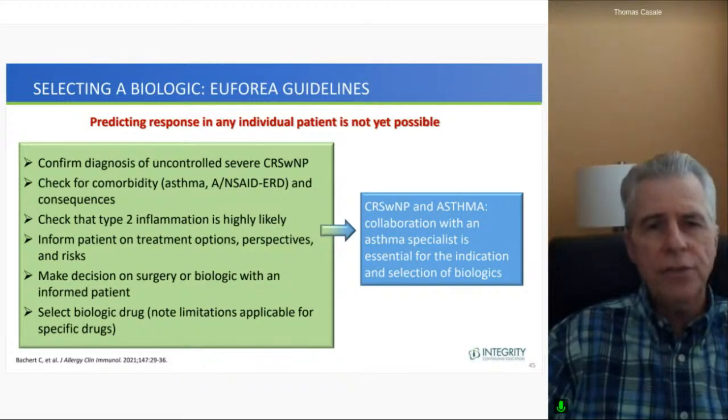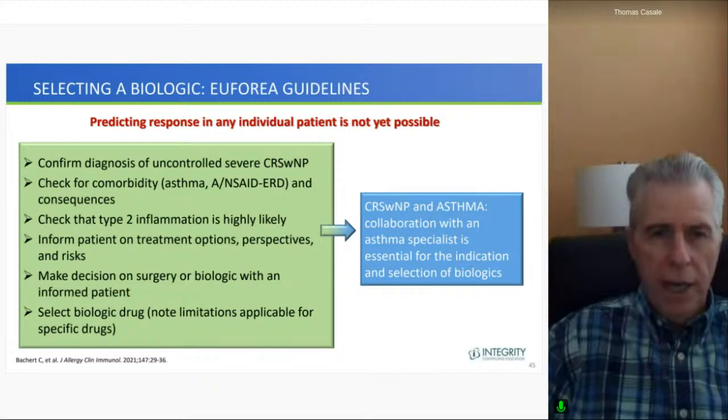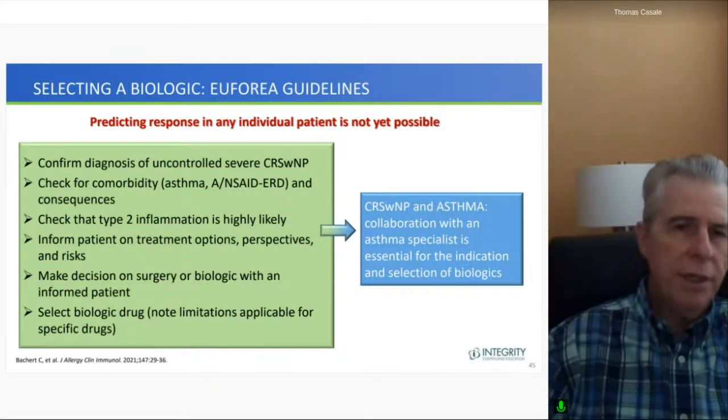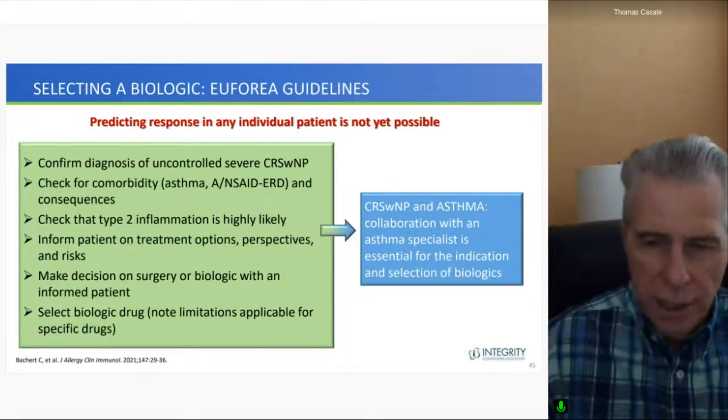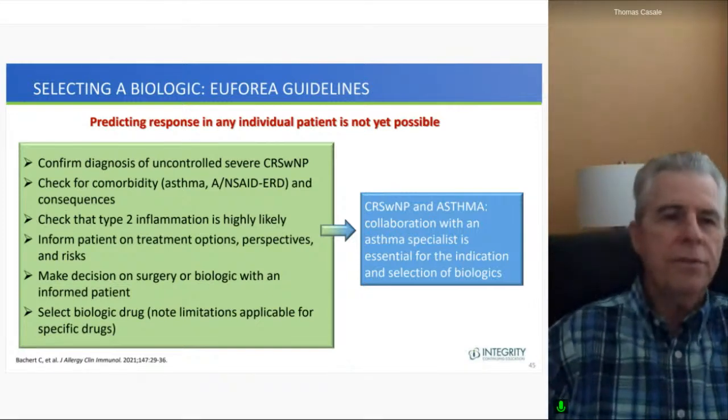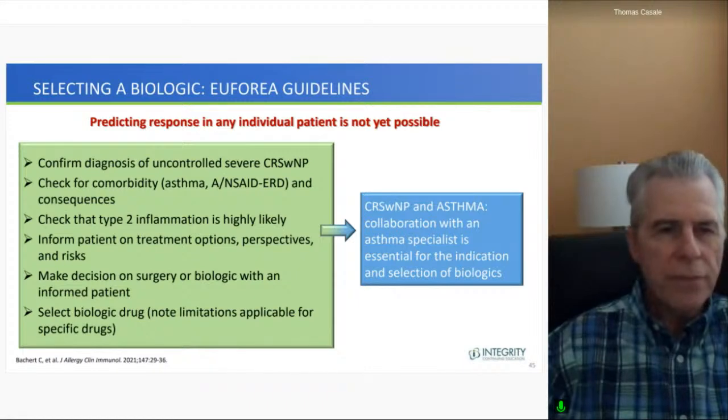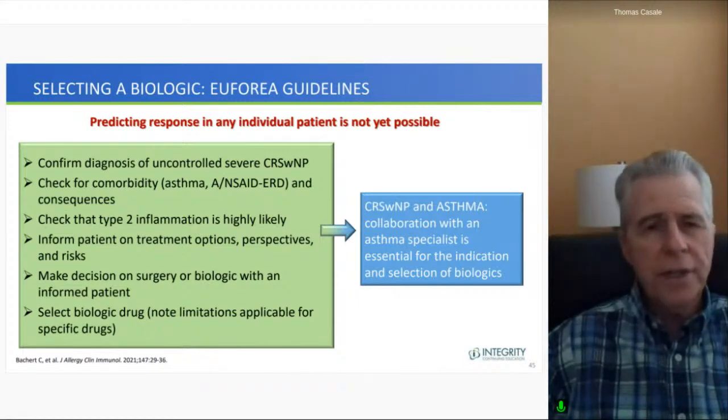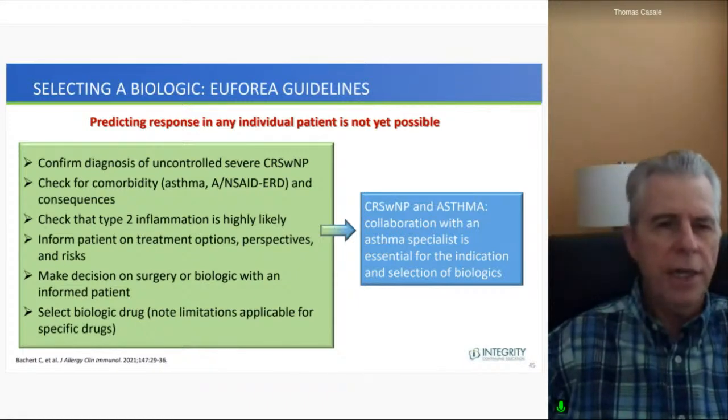Inform the patient on treatment options, which would include a biologic, perhaps another endoscopic sinus surgery, or if you haven't tried it yet, the exhalation delivery system with fluticasone. And then you discuss that with the patient, shared decision-making.